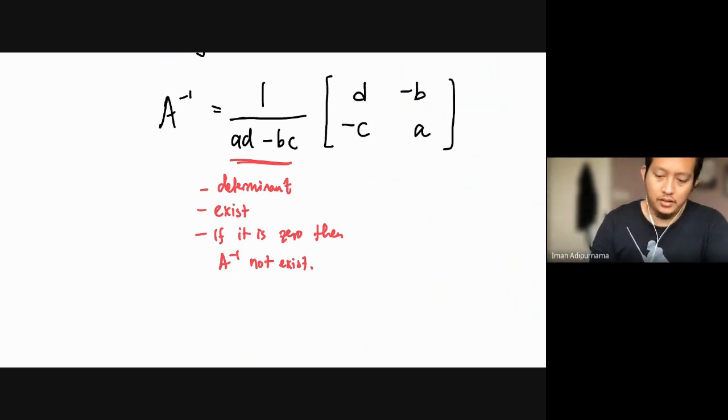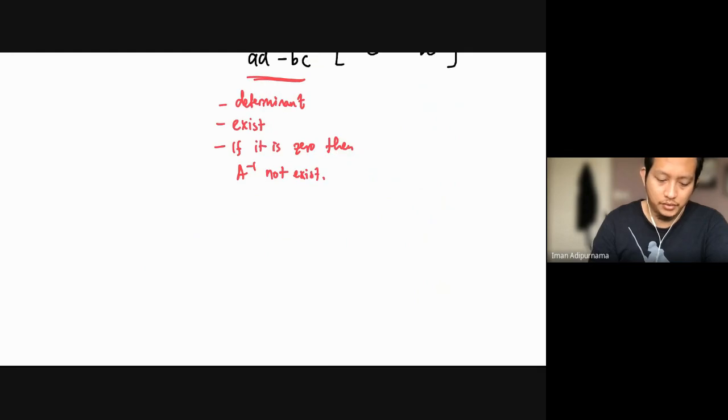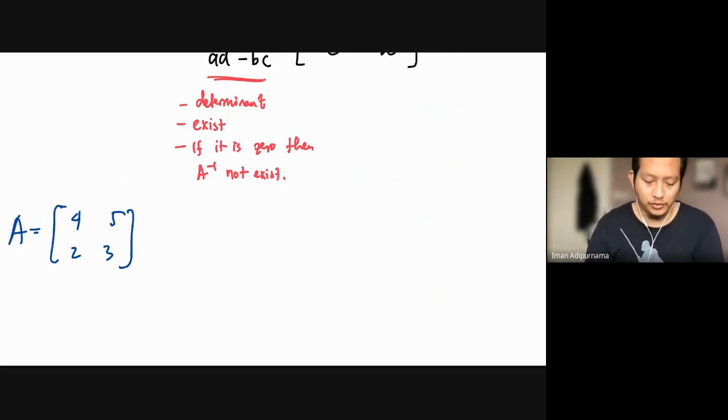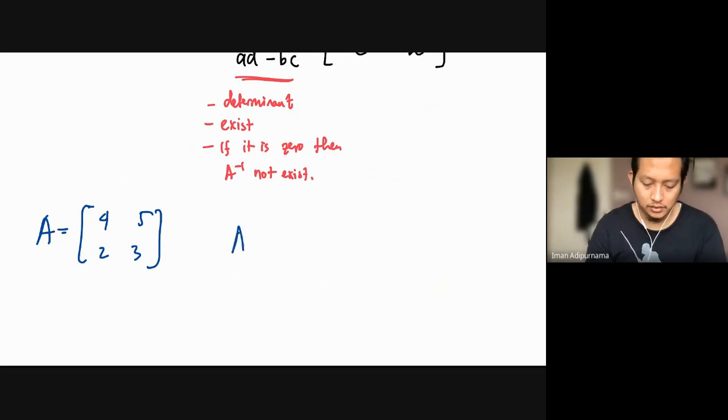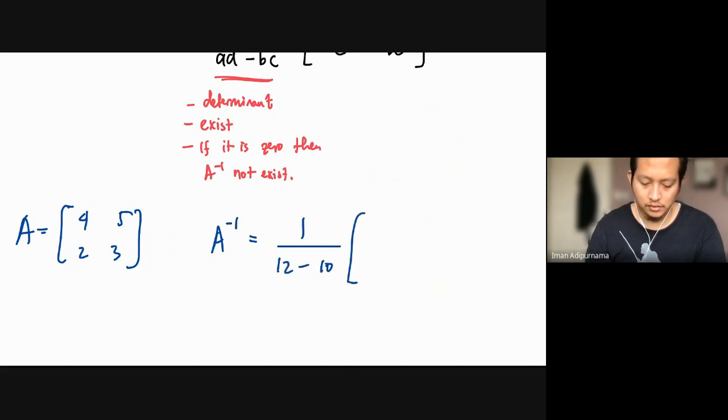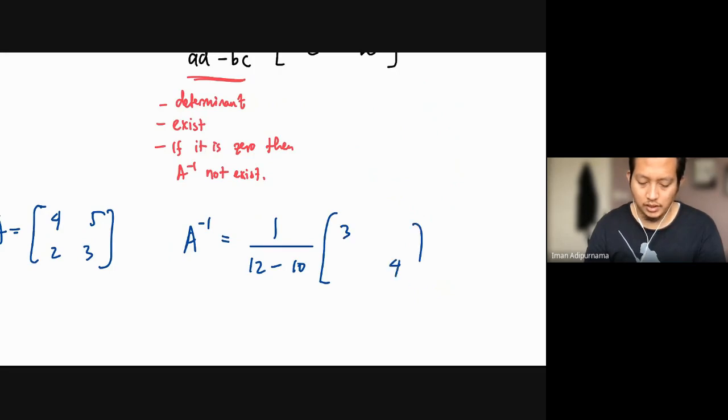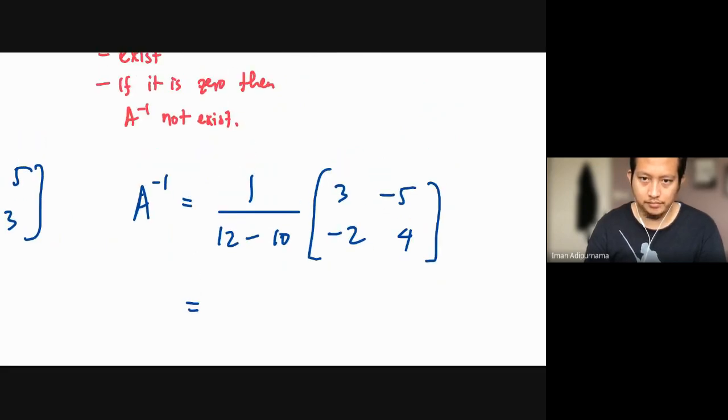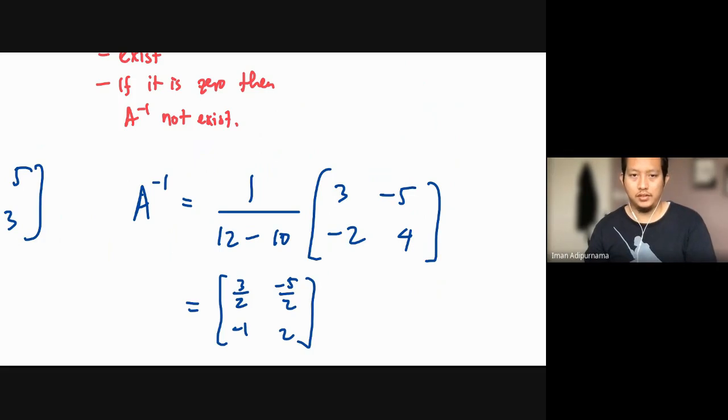And the example: A is 4, 5, 2, 3. We want to find the A inverse. Change the positions, and then this is one over the determinant, which is one half, and then put the half inside if we want, and this will be our matrix.